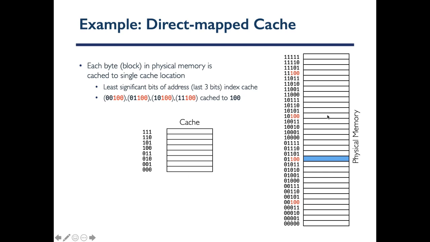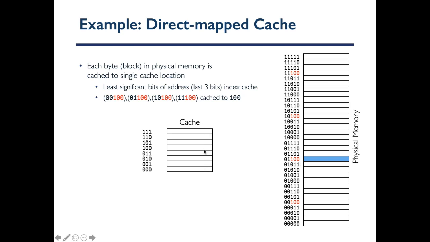So what we can do is to just look at the 3 lowest address bits and just use those 3 to find the cache location, because we only need 3 bits to address our cache.